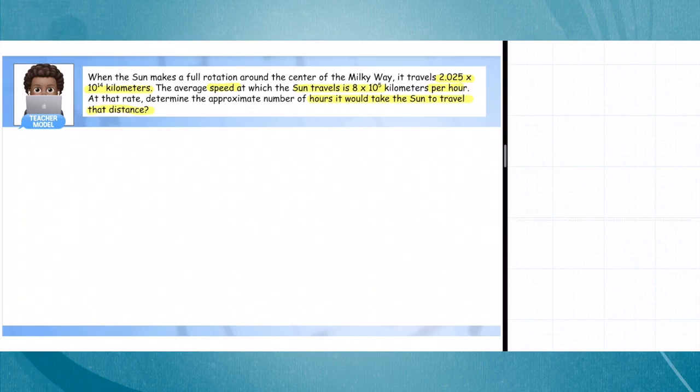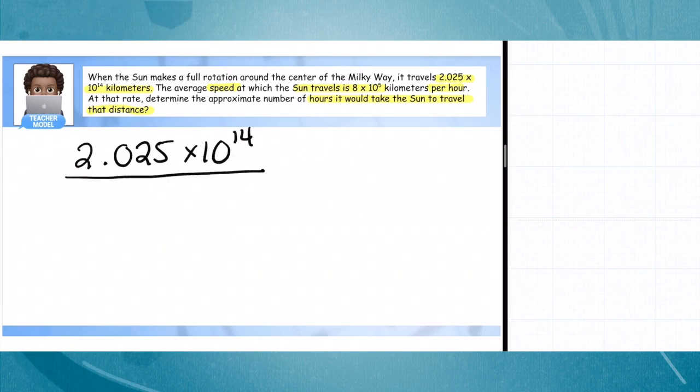Okay, so this is absolutely a division problem. I'm going to take the distance from the sun's rotation around the center of the Milky Way, which is 2.025 times 10 to the 14th, and I'm going to divide it by the speed of the sun, 8 times 10 to the 5th.